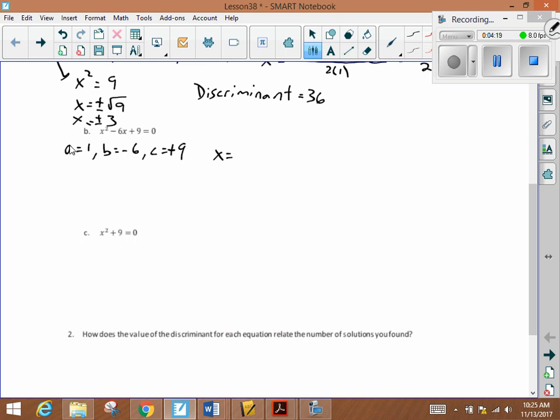Negative B, the opposite of B, which was negative, so now it's going to be positive, plus or minus the square root of B squared, which is negative 6 squared, minus 4 times 1 times positive 9, all divided by 2 times 1.